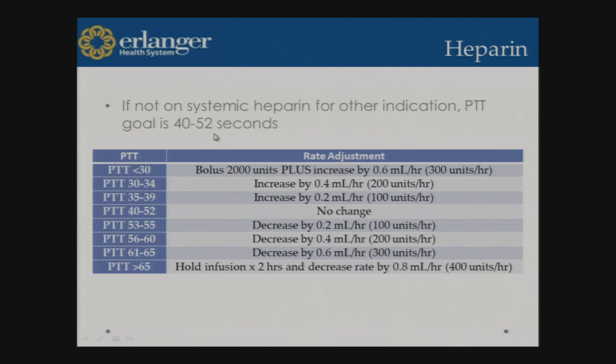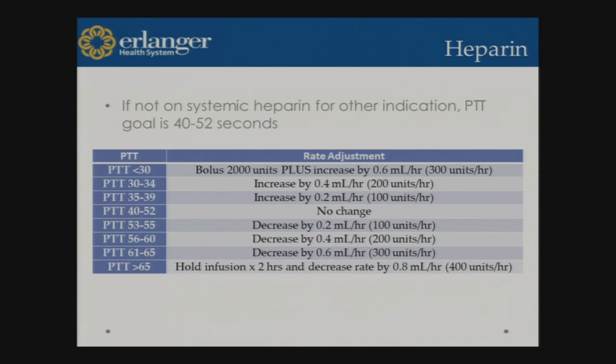I bring this PTT goal up because we really don't know what PTT level a patient would be considered therapeutic or prophylaxed for DVTs.